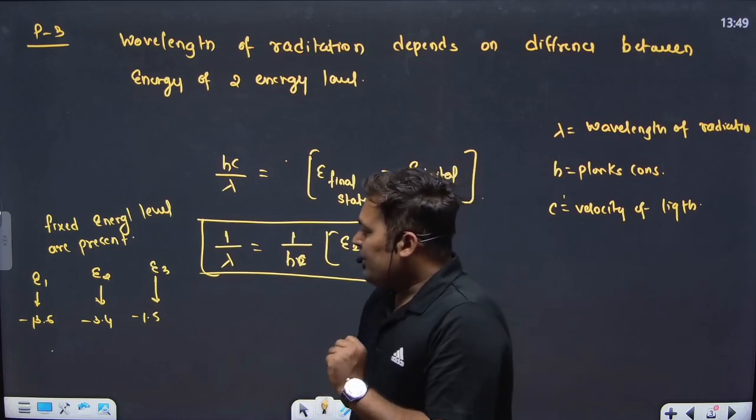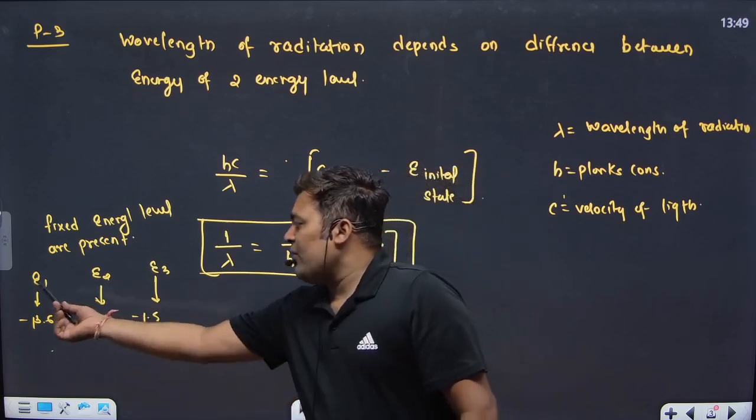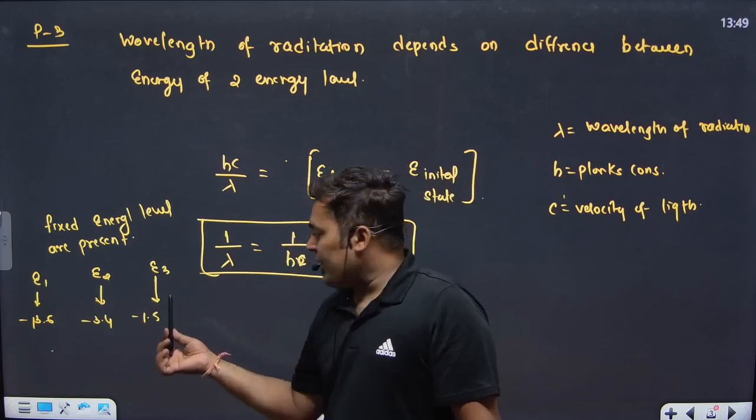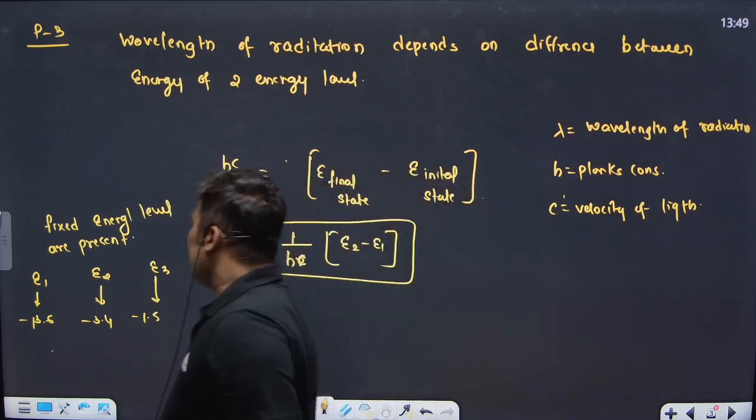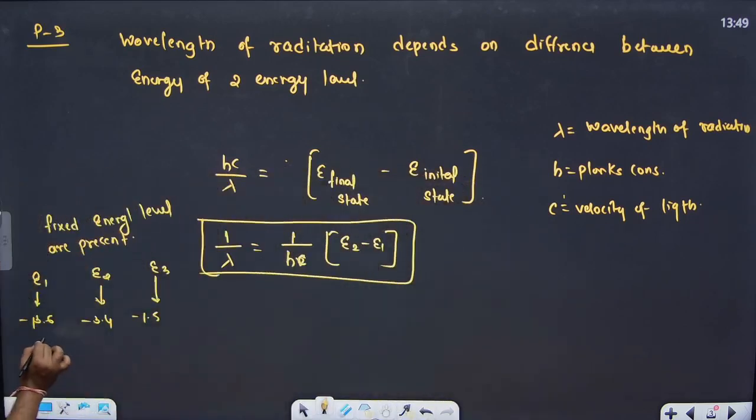Now since we have fixed values of energy for the different energy levels, the difference between the energy of two energy levels, that is delta E, is also going to be fixed.